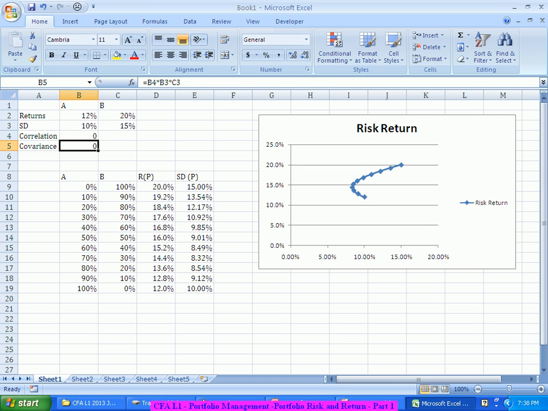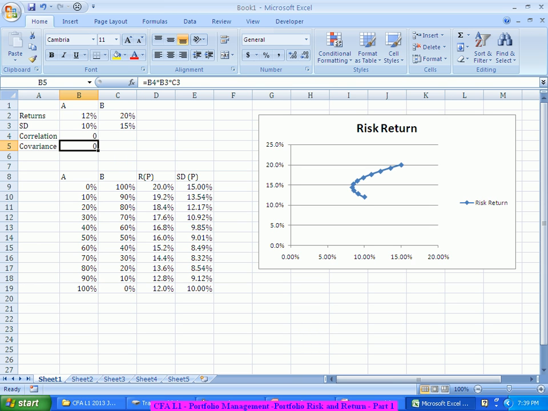But when we say efficient frontier, it's nothing but a line which contains all efficient portfolios. The line or curve which contains all efficient portfolios, where efficient means higher the risk, higher the return. As the risk is increasing, return has to increase.